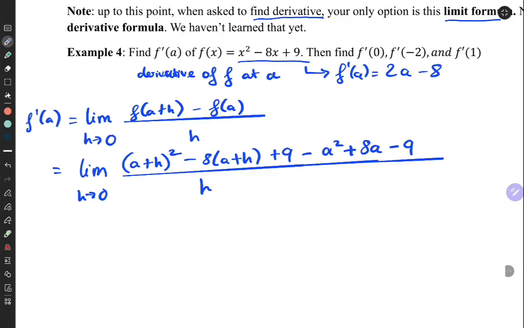When you have the answer, compare with your neighbor right away. Actually, that's the answer, to be honest. That's the answer. Right. I wrote you the answer already. You should have that answer, 2a minus 8.